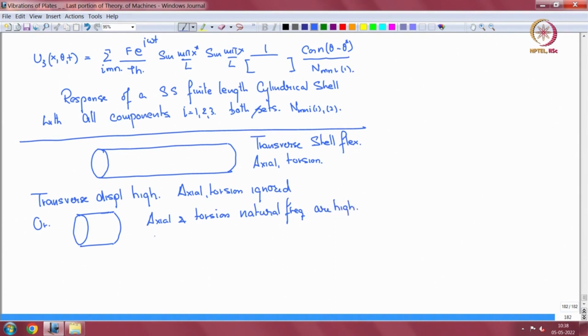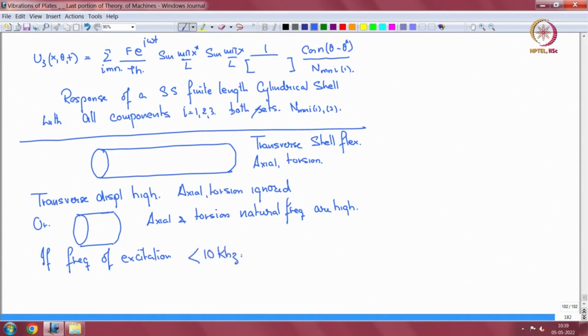Which means, if we consider the frequency of excitation in the mechanical world, it is almost always in the range of less than 10 kilohertz.